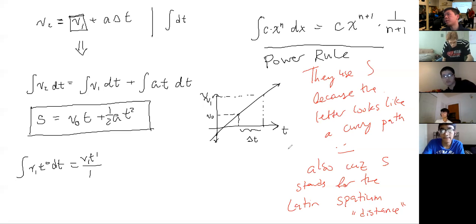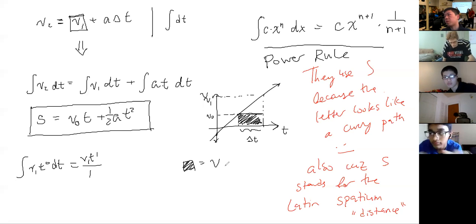Right. So then v0t. What is v0t? v0t is going to be this rectangle, because we want to look at the area under the v-t graph to find the distance traveled. This rectangle is v0 times t. And then we look at this triangle, which is the acceleration.